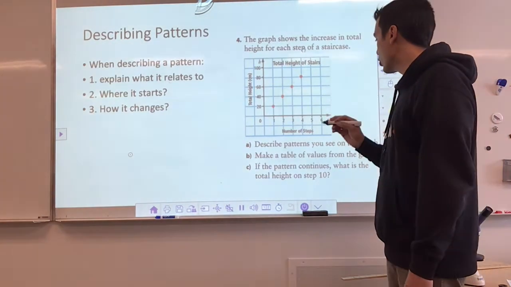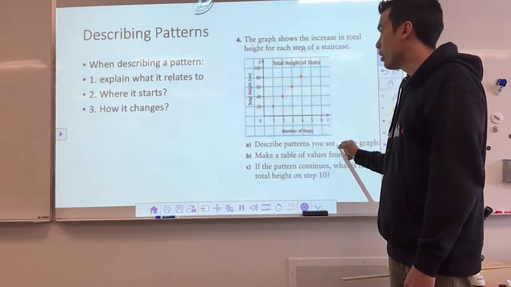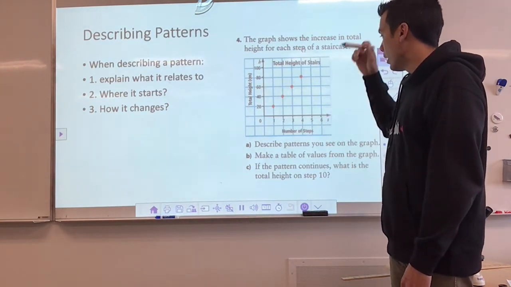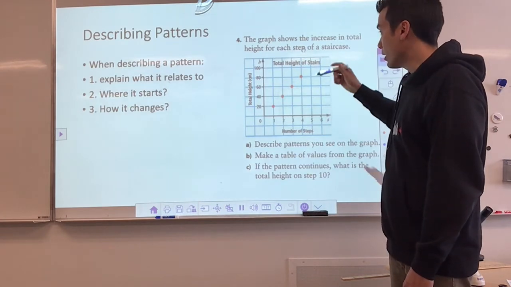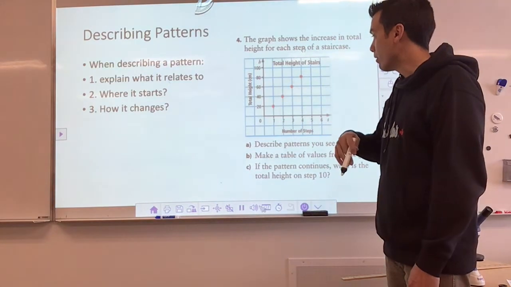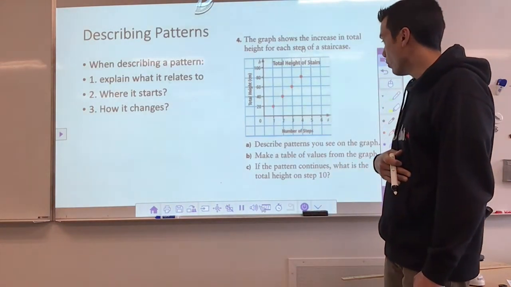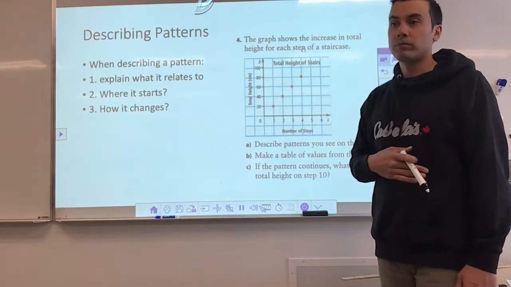I want to make sure I include this information. So describing these patterns I see on the graph, well, what it relates to. Looks like this graph relates to the number of steps and the total height of them. So I would maybe want to mention something like that.